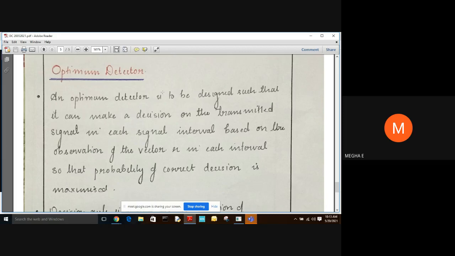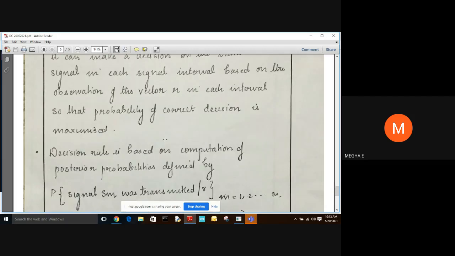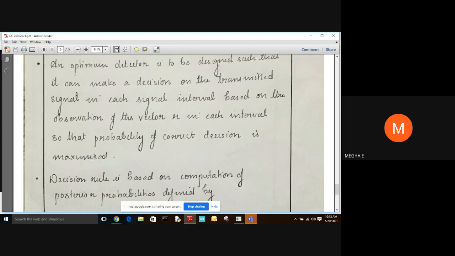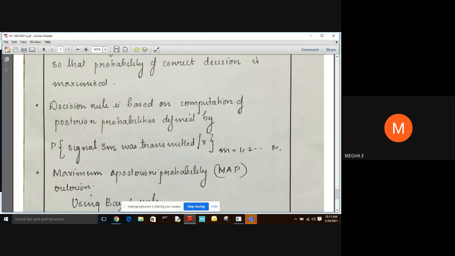So the optimum detector makes a decision based on the vector R, which is the output of the signal demodulator. The decision rule which governs the decision made by the detector is based on the computation of the posterior probability, defined by the probability that signal Sm was transmitted given R. This is the posterior probability, and that is the decision rule.